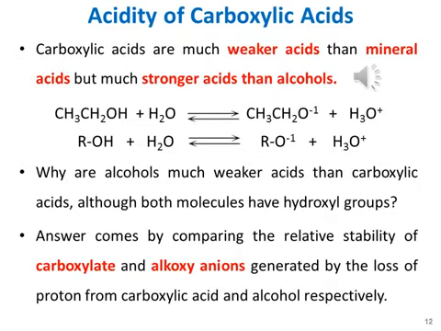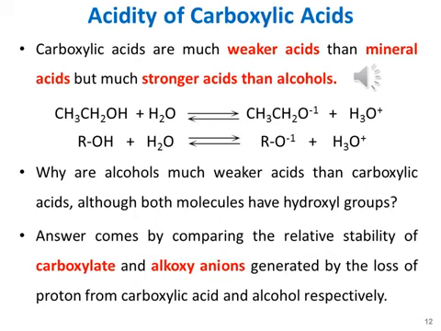If we compare the carboxylic acids with the mineral acids like hydrochloric acid, nitric acid, sulfuric acid, remember carboxylic acids are much weaker acids than the mineral acids, but much stronger acids than alcohols, since alcohols also have a hydroxyl functional group, and as I have informed you, in the case of a hydroxyl functional group, the bond between the oxygen and the hydrogen is polar.